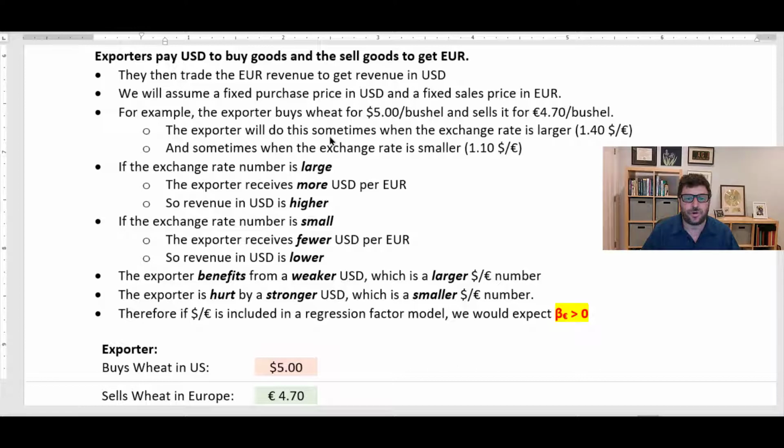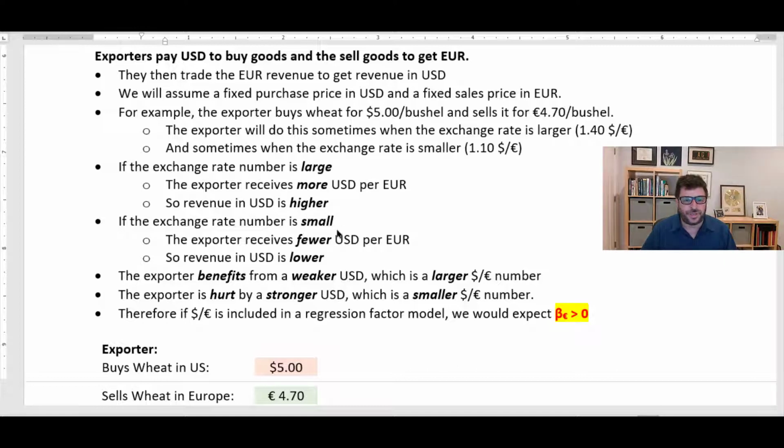The exporter will do this sometimes when the exchange rate is $1.40 per euro, and sometimes when the exchange rate is smaller at $1.10 per euro. These are our two choices. If the exchange rate number is larger, then the exporter, when they sell their euros to buy dollars, receives more US dollars, and so the revenue is higher.